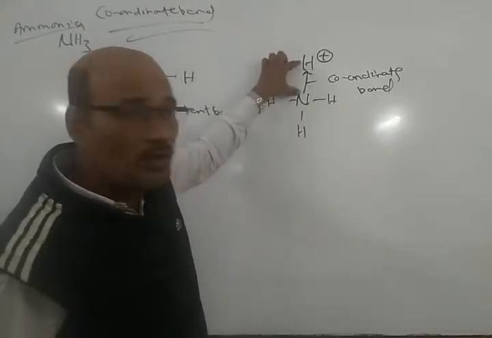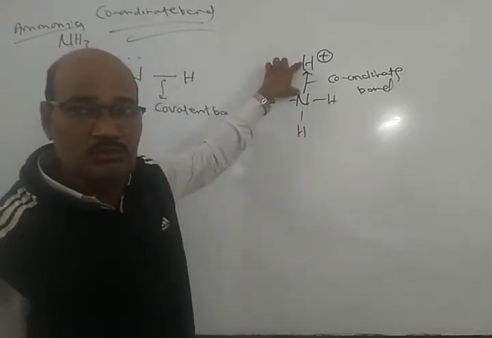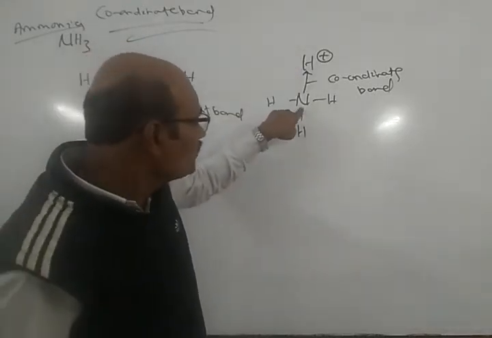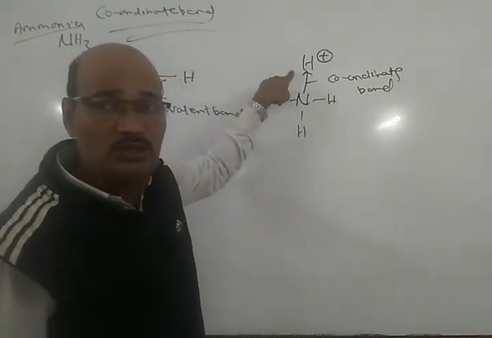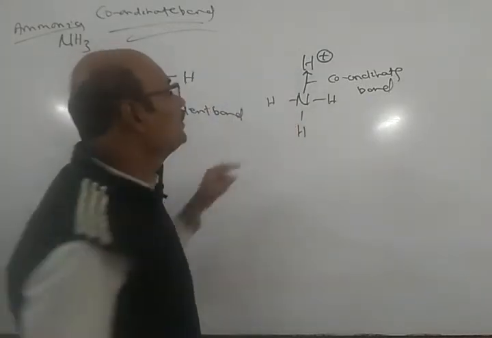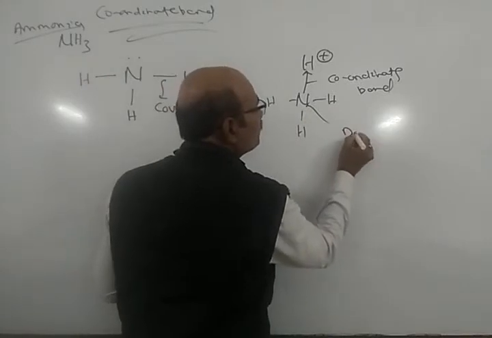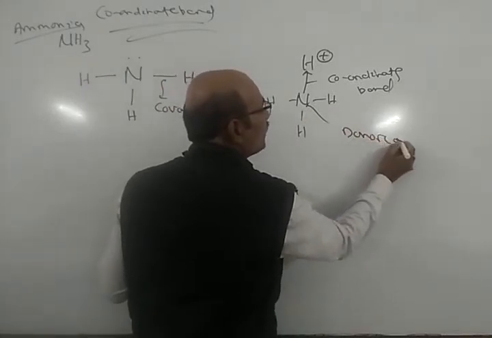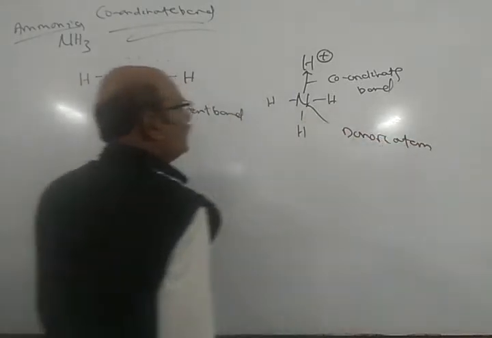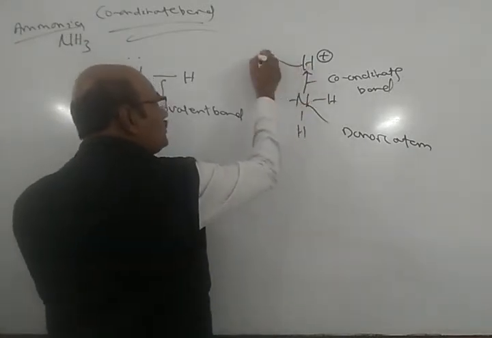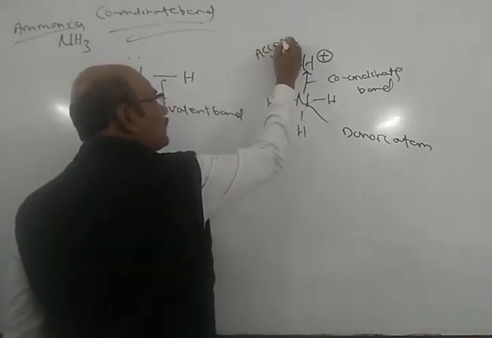So this kind of bond is polar in nature. The atom which donates the electron pair is called the donor atom. Here the N is the donor atom, and this H plus is called the acceptor atom.